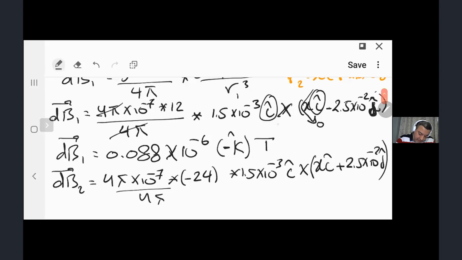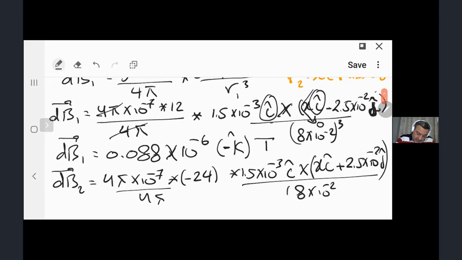Yeah, here we forgot to divide by the 8 centimeter cubed. Divided by 8 centimeter cubed.